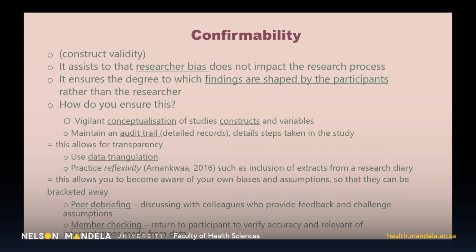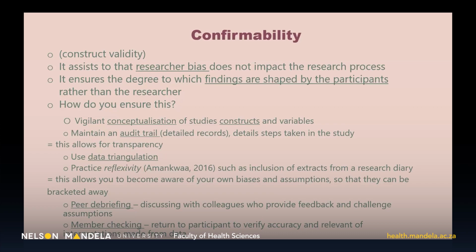And then finally, we have confirmability, which is that idea of us shaping the data, where we don't want to shape the data to such a subjective degree. So we've got to be very vigilant of defining our constructs and staying true to the constructs that we define.